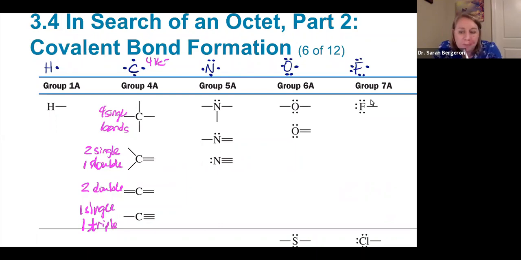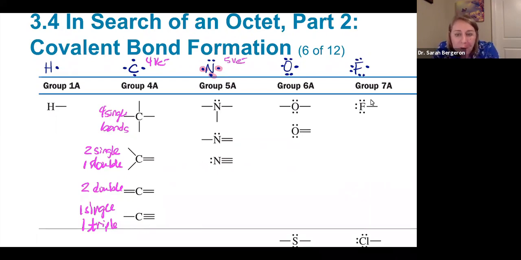Look at nitrogen. Nitrogen has 3 unpaired valence electrons. It has a total of 5 valence electrons, but not all those valence electrons are available to create bonds. Only the ones that are unpaired. So here's an unpaired, here's an unpaired, here's an unpaired. So these are the 3 that are available for bonding. You're not going to touch that lone pair on the top of the nitrogen.